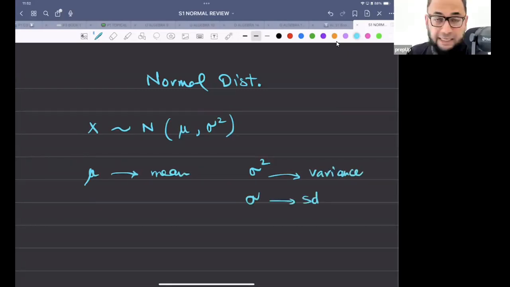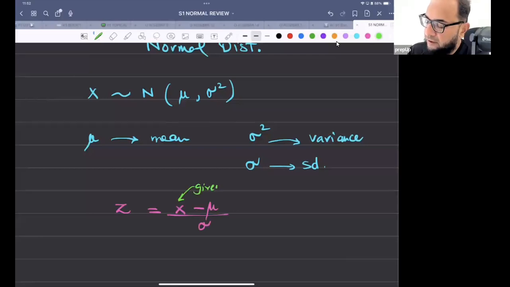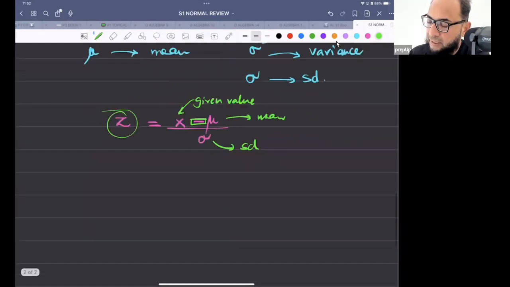So sigma is SD, standard deviation. How do we standardize? We standardize Z equals X minus mu over sigma. So from the given value, we subtract the mean. There is a minus sign, and then we divide by standard deviation. We get the Z value.